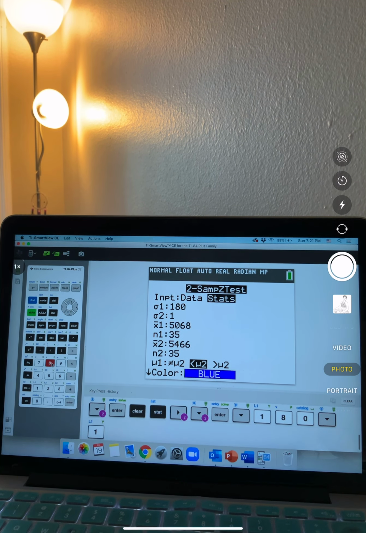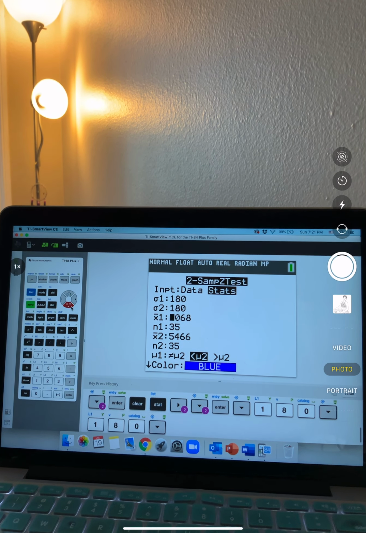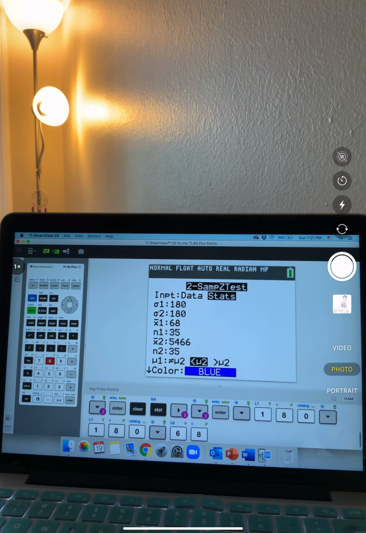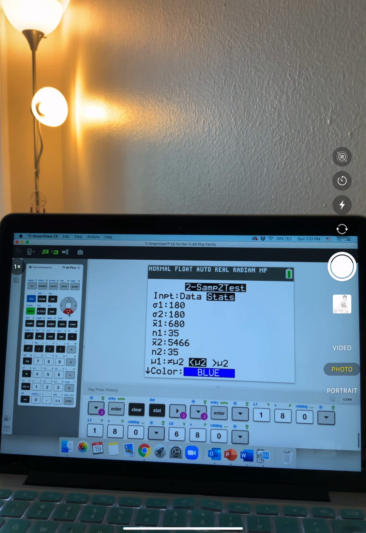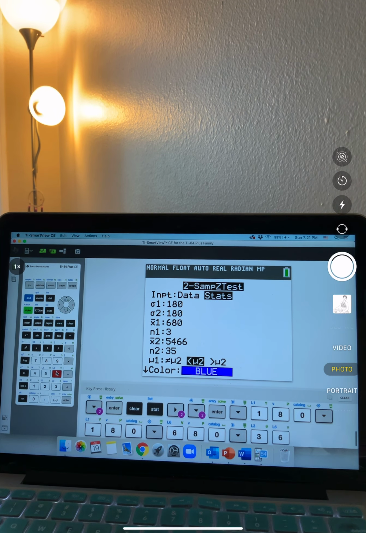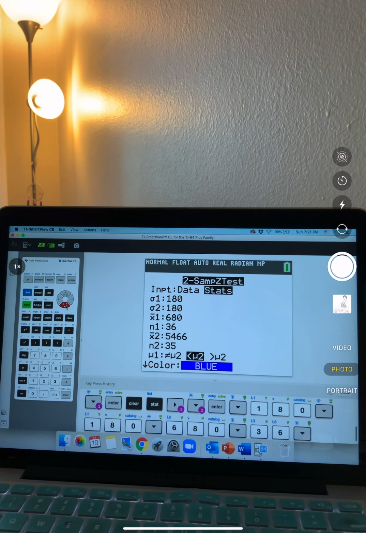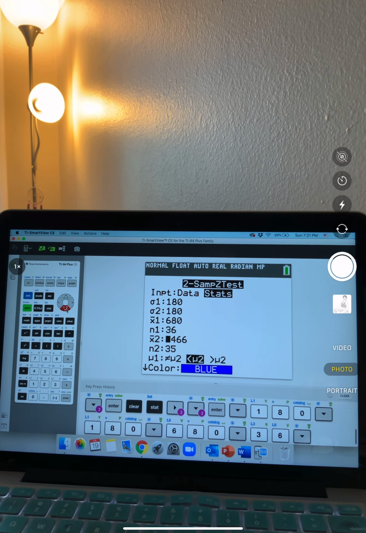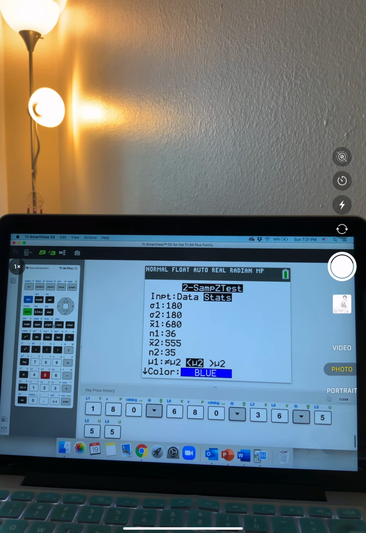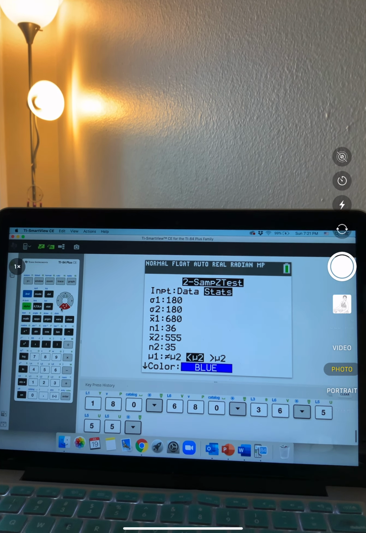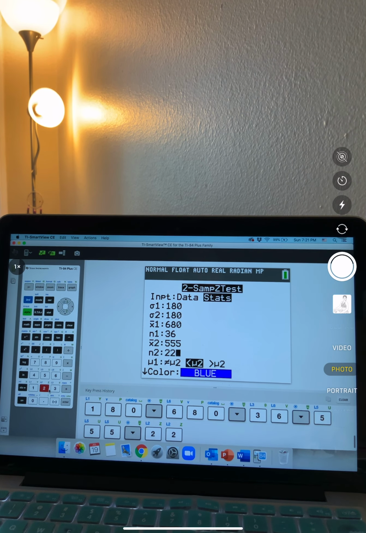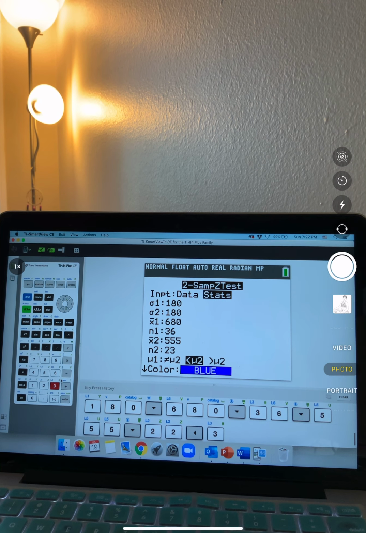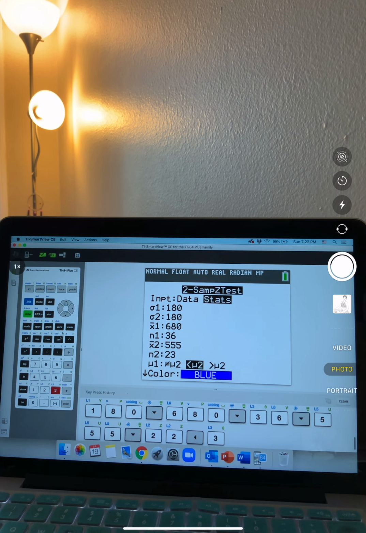The boys mean value was 680, size 36. Group 2 was the girls, so we have 555, and then N2 is 23. And then it was a right tail test, so greater than.